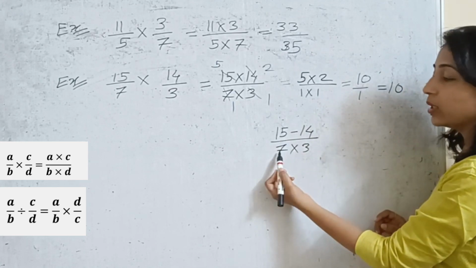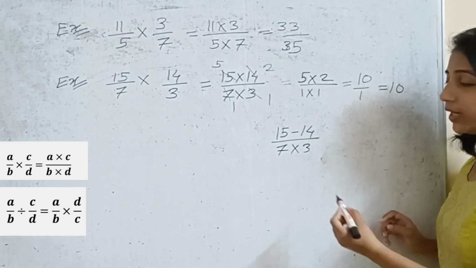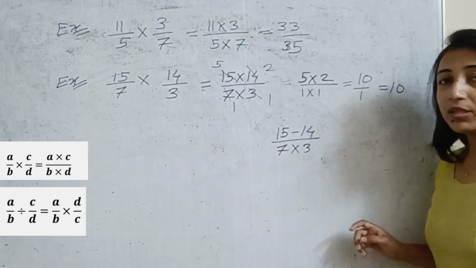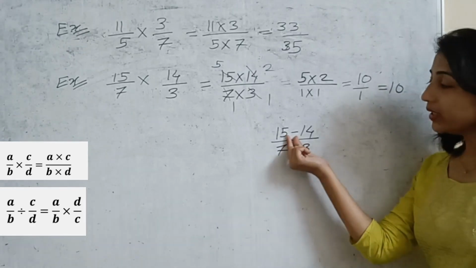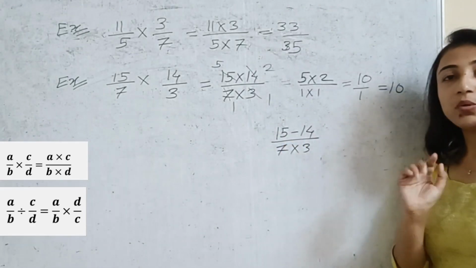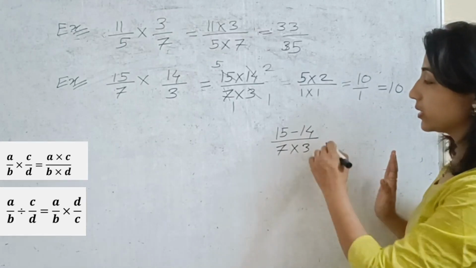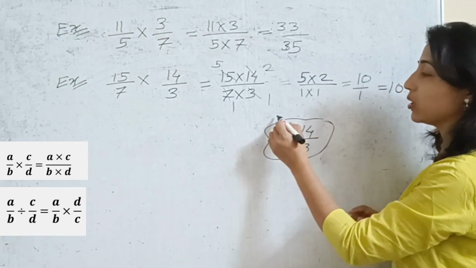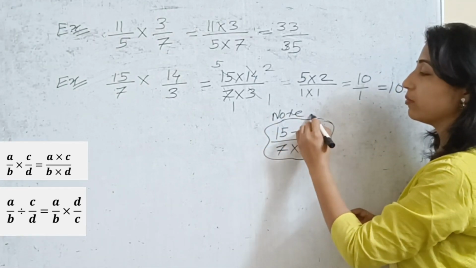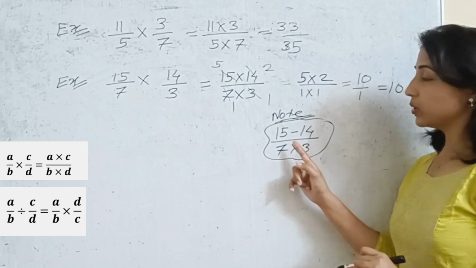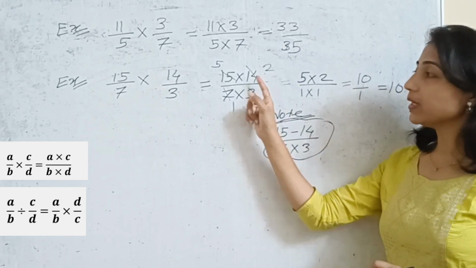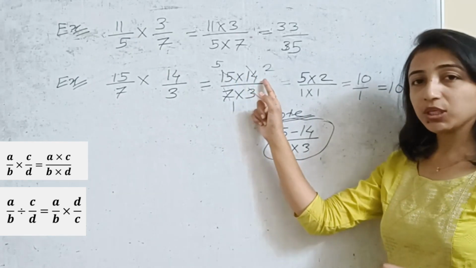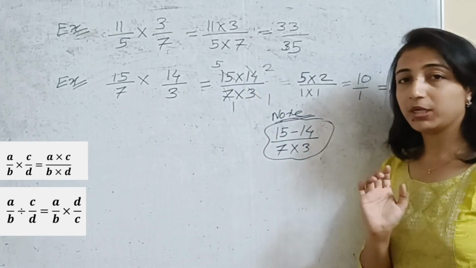So here 7 you cannot cancel with 14, and 3 with 15, because there is a minus sign between them. If all the numbers are multiplication, then only you can cancel out. I hope it is clear, and please remember this because maximum students make mistakes in this question. So cancellation is only possible if all are multiplication in the numerator as well as in the denominator.